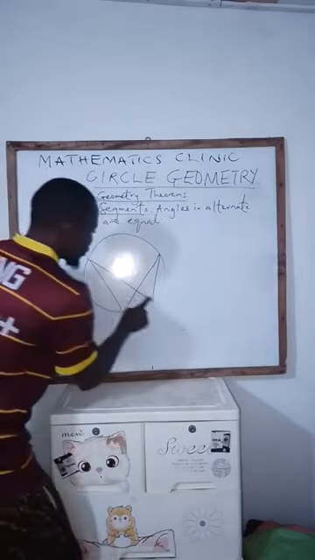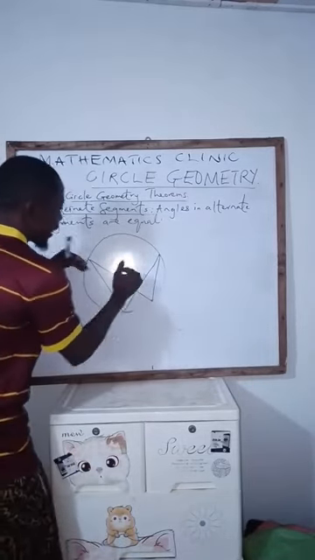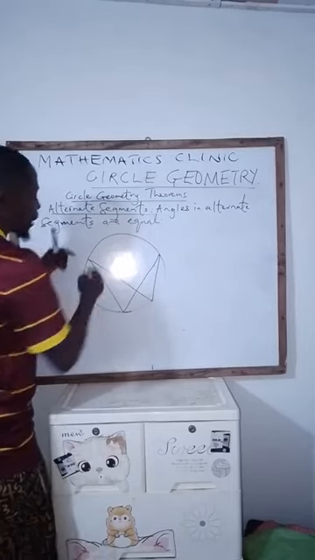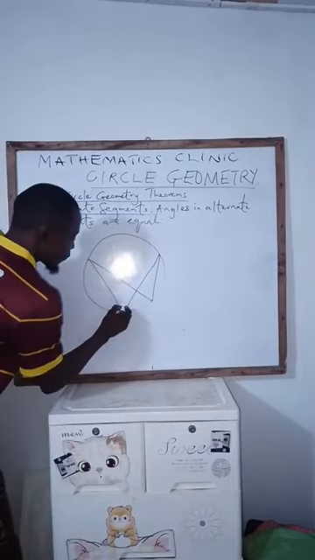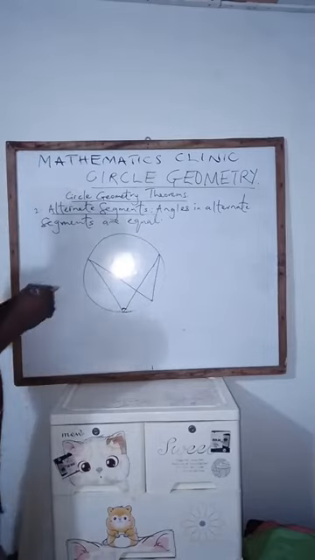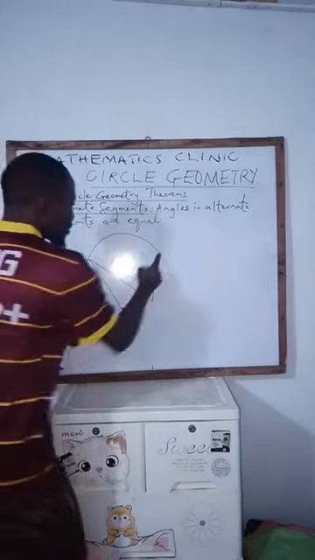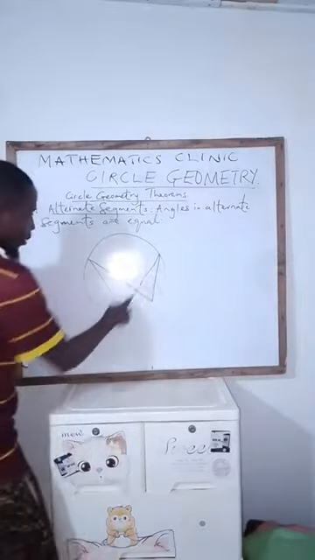If you look, this chord has divided this circle into 2 segments. One part here, one part here. An angle is formed here. Now, look at this other chord.